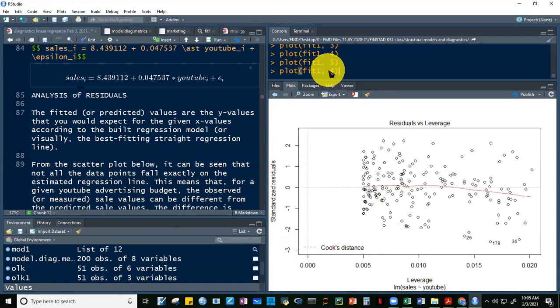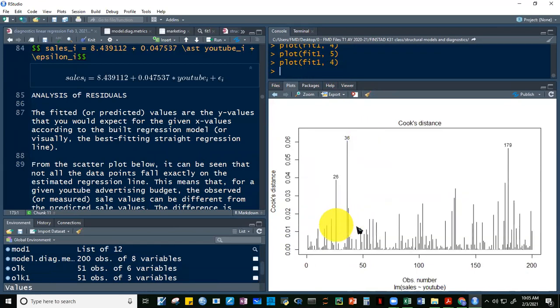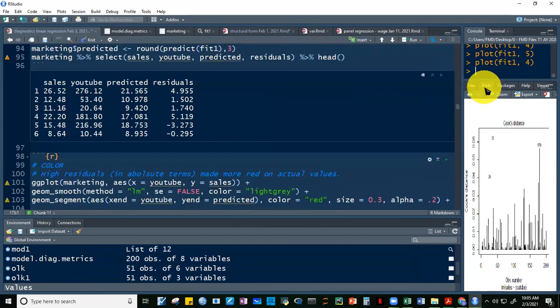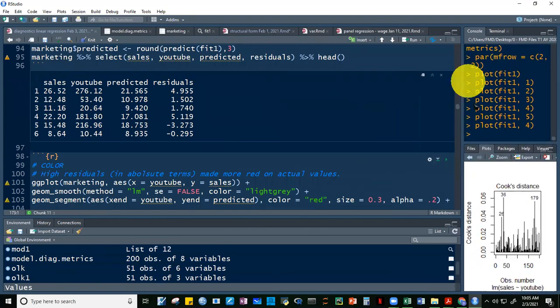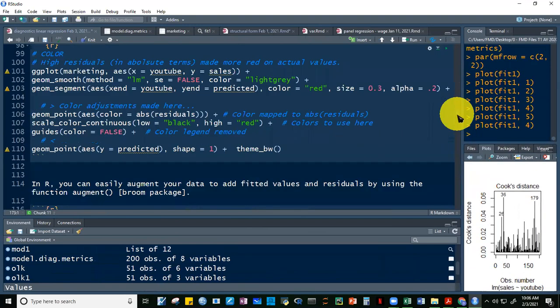Yan. Okay, so this is number 4, guys. So makikita natin yung observation na mataas yung Cook's distance niya. Si 179, si 36, at saka si 26. Okay? So here you find, guys, that at our disposal, making use of R, marami tayong pwedeng magamit, no? Kasama yung pag-determine ng mga outliers, mga influential points. Okay, so let's go back.